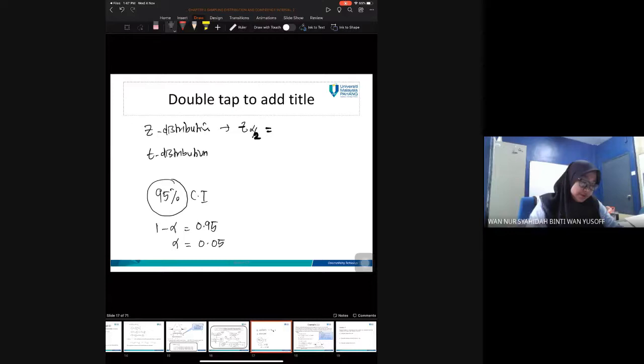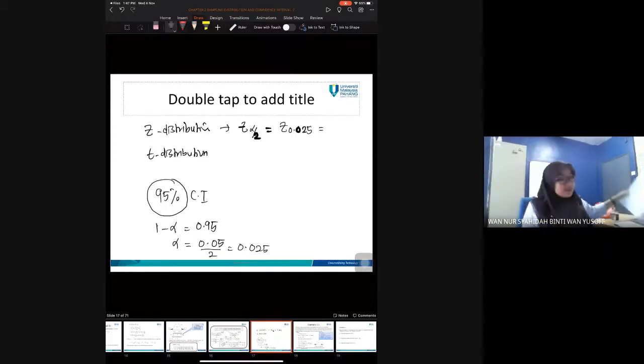So z alpha over 2. Alpha here we need to divide by 2. Then we get 0.025. So we need z 0.025. Find your statistical table here. If you have your own now, you can refer to page 36.